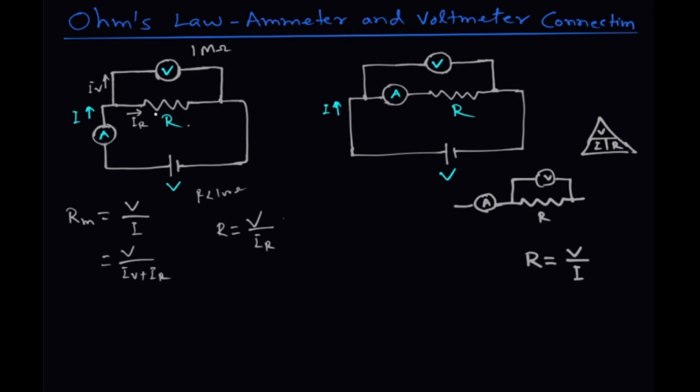As I said, this I_V is very low compared to I_R, so I_V can be ignored, that is nearly 0. So the measured value becomes V divided by I_R. This depends on the value of the resistance.